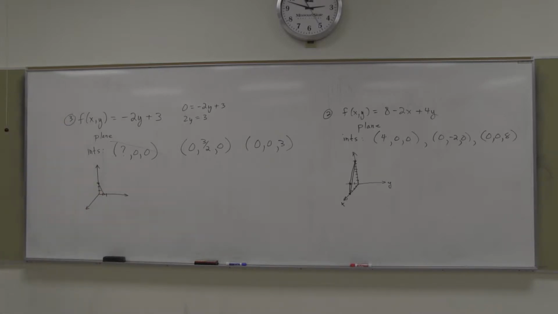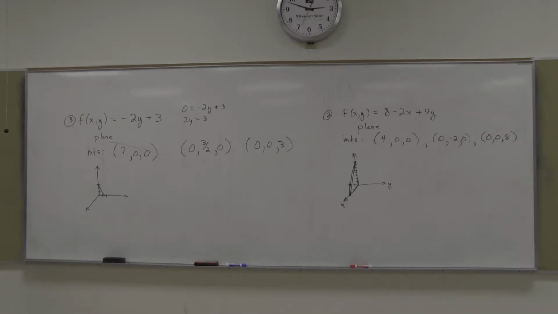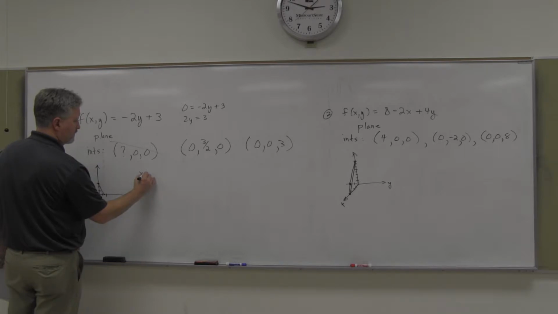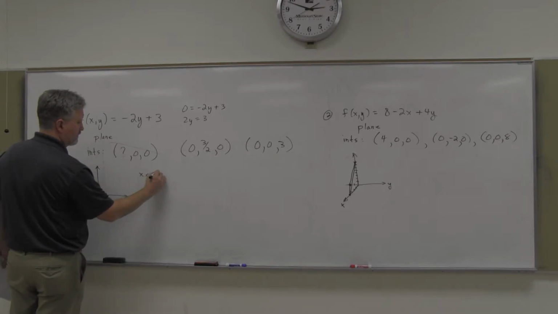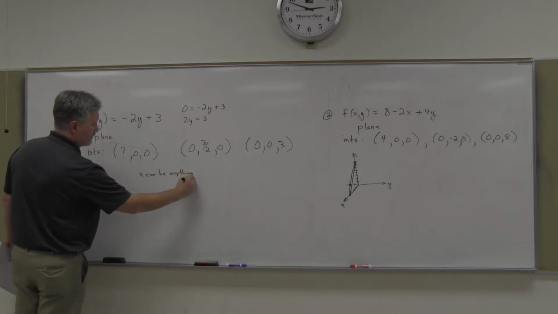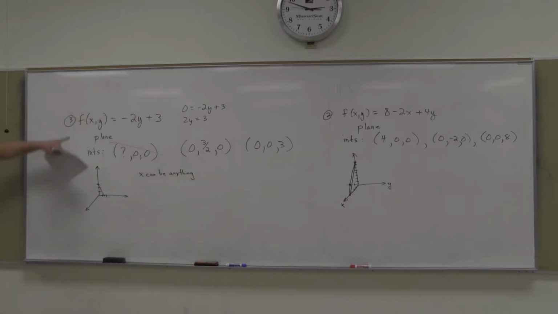The deal on this one is the x can be anything. It's just that the z has to equal negative 2y plus 3. Well, if you think about that, that's just a line, right?